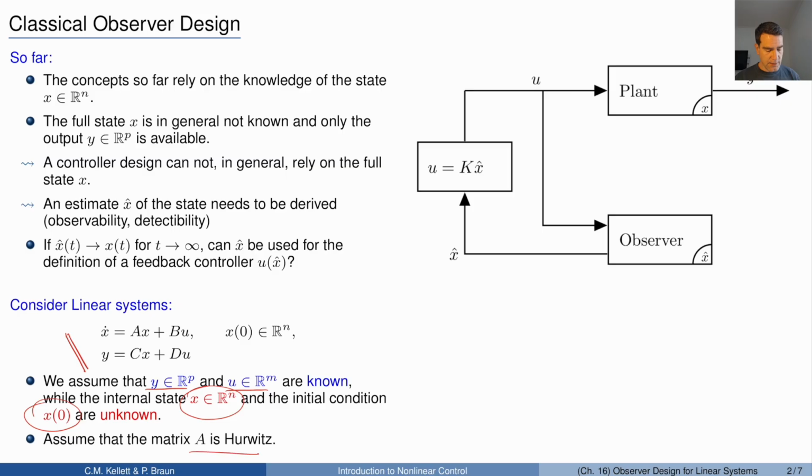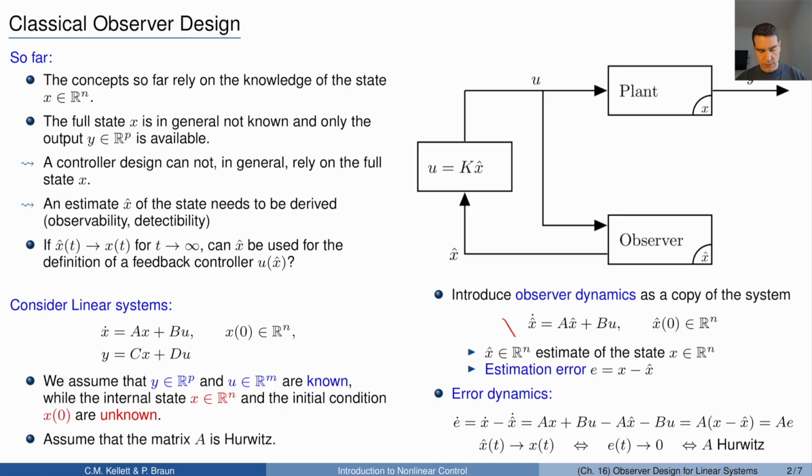We start with the assumption that A is Hurwitz, meaning that the system without input, or more precisely, the origin as an equilibrium of the system without input is asymptotically stable. So then, first question, under these assumptions, how would we define an observer that ensures that x hat converges to x?